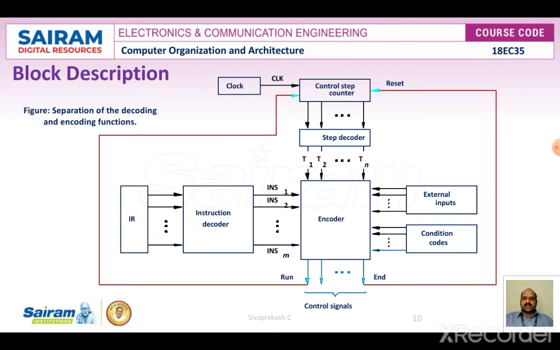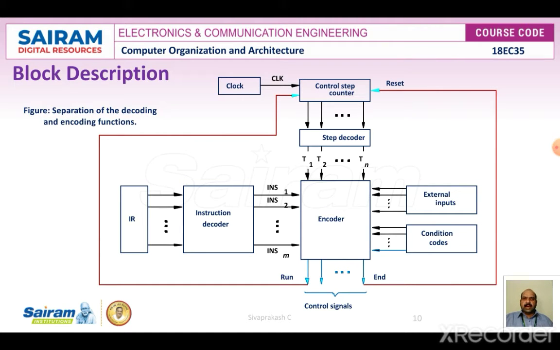Here, the step decoder provides a separate signal for each step in the different time slots of the control sequence. Similarly, the output of the instruction register is given to the instruction decoder, which consists of separate lines for each machine instruction, INS1 to INSM.